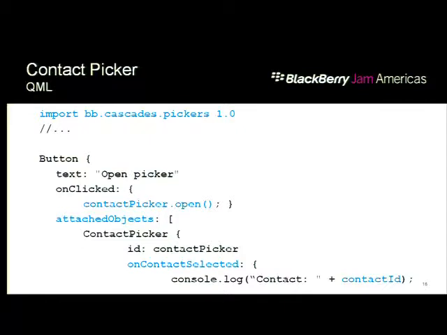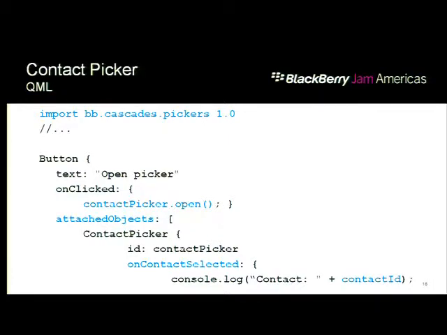So anyway, this is what the app I showed you did. We have a button that, on the onClicked method, opens the contact picker. The contact picker is just an attached object, so it's not on the screen until it gets opened.